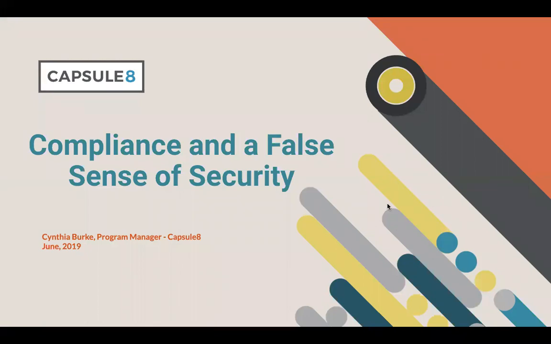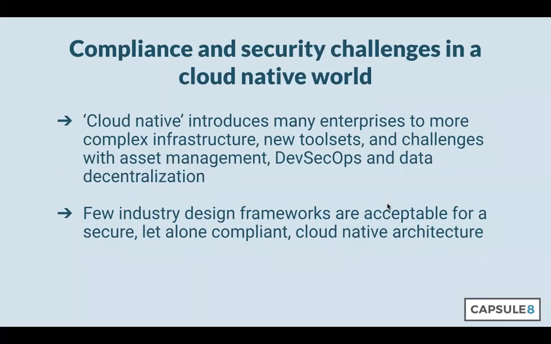We are here to talk about some major challenges most of us are facing when we are considering the move to cloud native, or if we're already in a cloud native world. To be specific, when I speak of cloud native, I'm talking strictly about microservice-oriented, containerized environments that are leveraging dynamic orchestration.